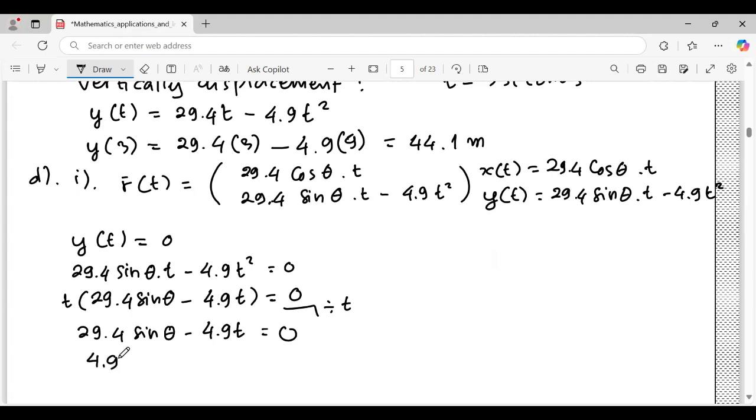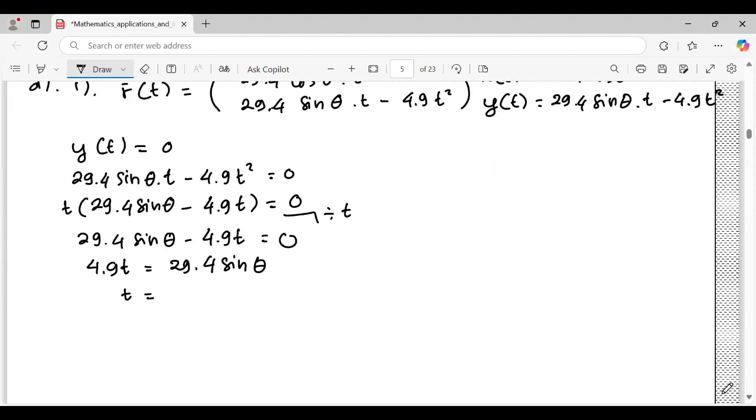Dividing by t, 4.9 t equals 29.4 sine theta. So t equals 29.4 sine theta over 4.9. 29.4 divided by 4.9 is 6, so t equals 6 sine theta.